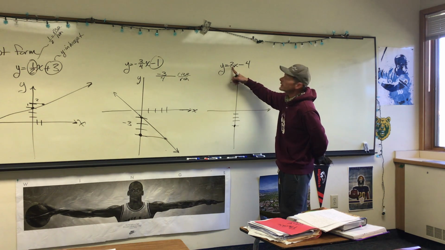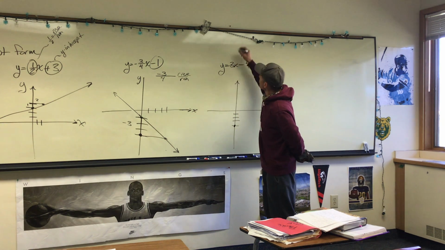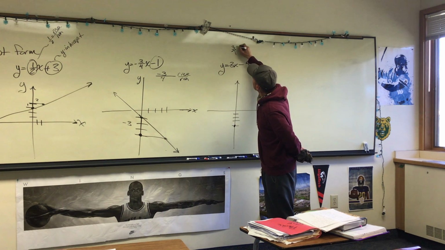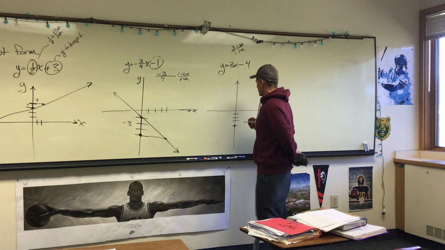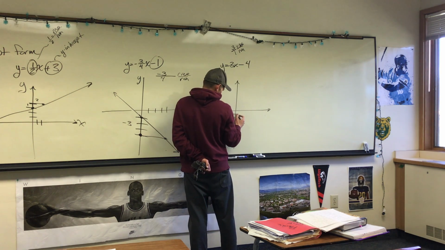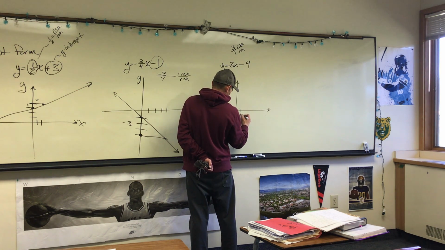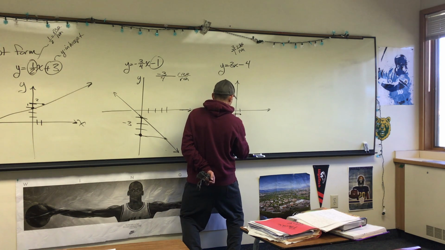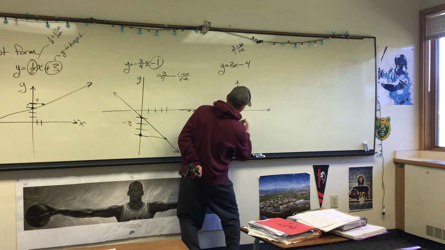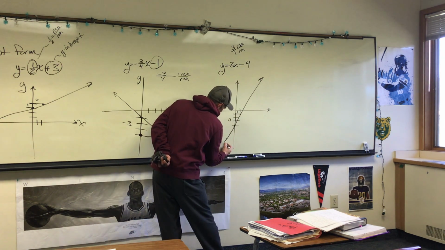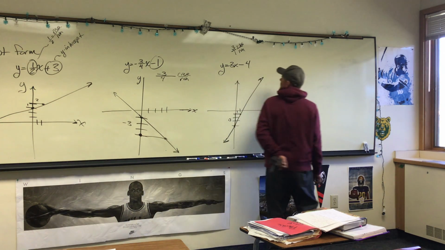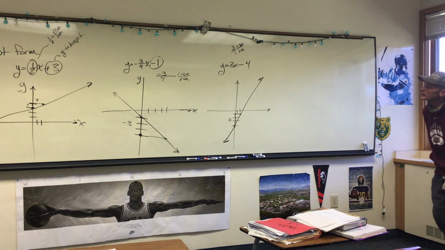And this 3, it's not a fraction. You can make it a fraction by putting it over 1, remember. So this is saying for every 3 we go up, we go 1 to the right. 1, 2, 3 here and here. And there's my slope. You don't have to draw that on there, but if it's helpful, go for it. So there's the line y equal to 3x minus 4.